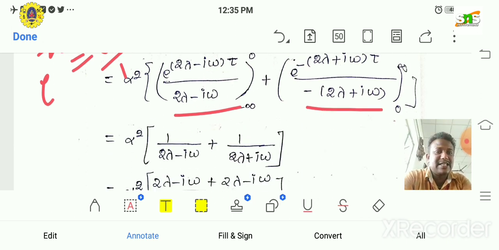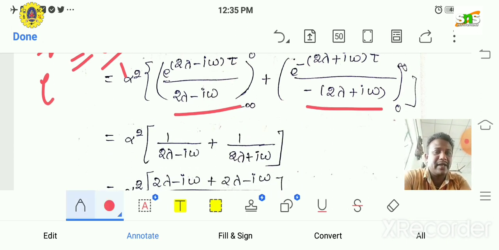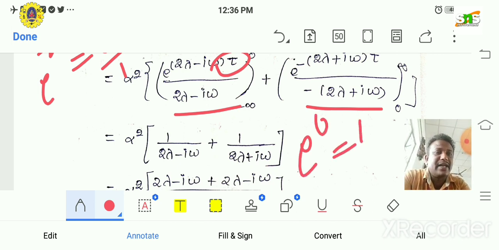After this step I am going to apply the limits, first the upper limit, then the lower limit. The upper limit is 0. When you substitute tau as 0, it is e power 0. Anything power 0 is 1. Therefore it is 1 divided by 2 lambda minus i omega.